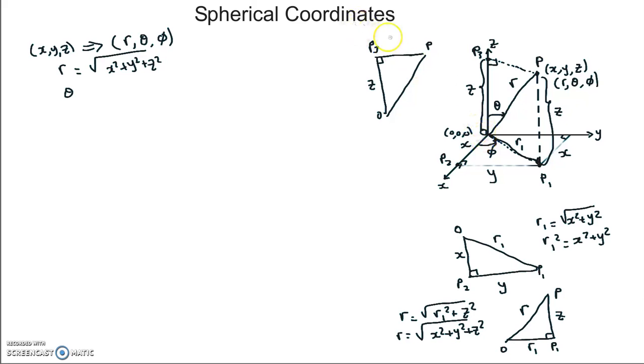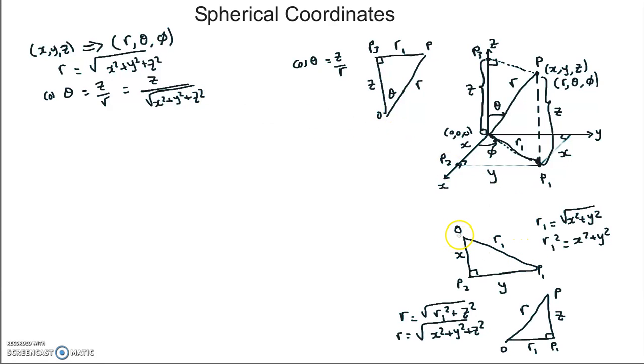P to P3 has the same length as O to P1, so this is R1, this is our angle theta, and O to P is R. So we can see that cosine theta equals z over r, which equals z divided by the square root of x squared plus y squared plus z squared.